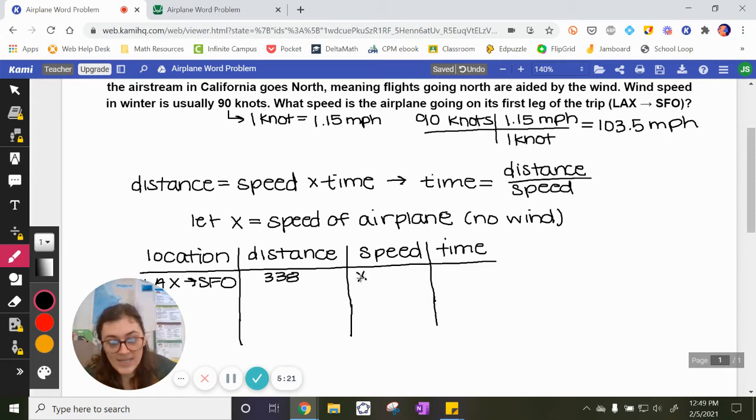So our airplane speed is going to be aided by a 103.5 mile per hour wind, which is going to be super helpful. And now I can solve for my time because I have my distance and I have my speed. So I'm just going to make a fraction with these two pieces. We'll have 338 over x plus 103.5.